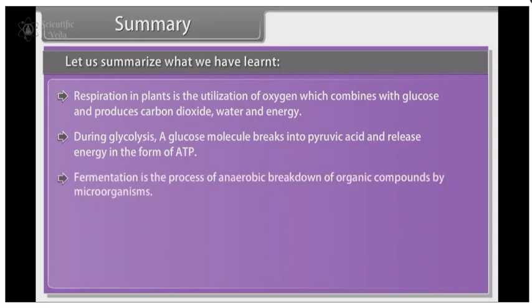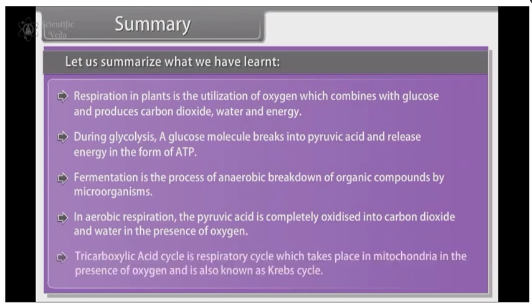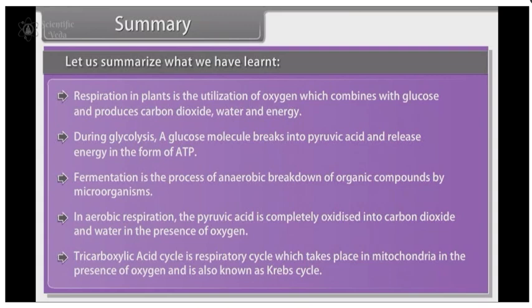Fermentation is the process of anaerobic breakdown of organic compounds by microorganisms. In aerobic respiration, the pyruvic acid is completely oxidized into carbon dioxide and water in the presence of oxygen. The tricarboxylic acid cycle is a respiratory cycle which takes place in mitochondria in the presence of oxygen and is also known as the Krebs cycle.